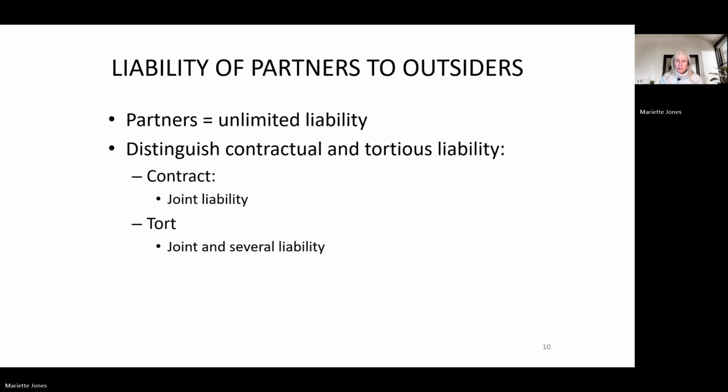However, in suing, the creditor has only one cause of action. That is, the creditor can sue for each debt only once. If, for example, there are 3 partners and the creditor sues all of them for the outstanding loan amount and one of them pays the liability, the creditor cannot recover further amounts from the other partners who didn't contribute to the liability. The converse of this is several or proportional liability.